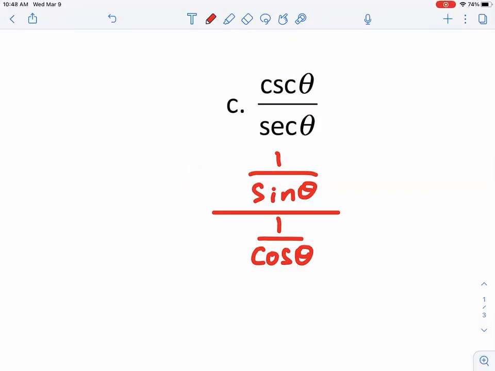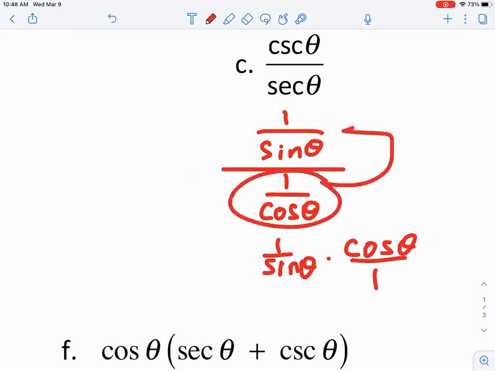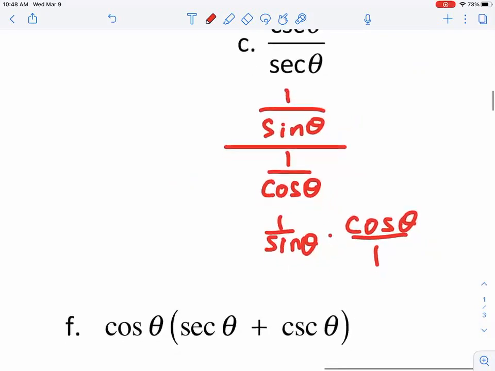All right, now some of you got to here, but then forgot that dividing by a fraction is multiplying by its reciprocal, like we flip this guy over and make it multiplication. So I would do 1 over sine theta times cosine theta over 1. Again, I just flipped this over and made it times, so I'm multiplying by its reciprocal.